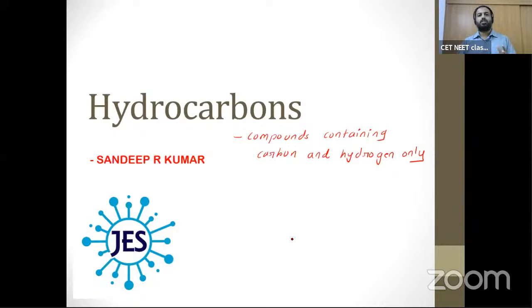Right, so we are going to now study these compounds. There are 4 types of hydrocarbons in this chapter that we are going to discuss. Let me make a list. 1, we'll start with alkanes.